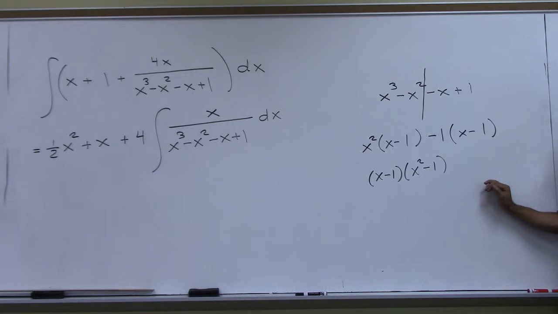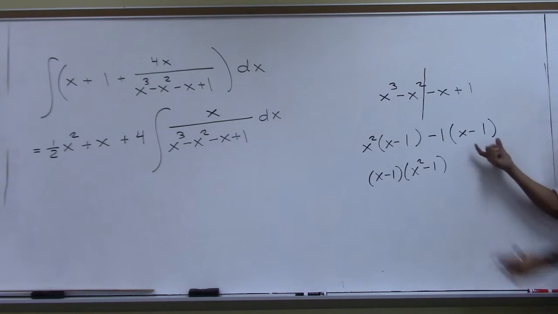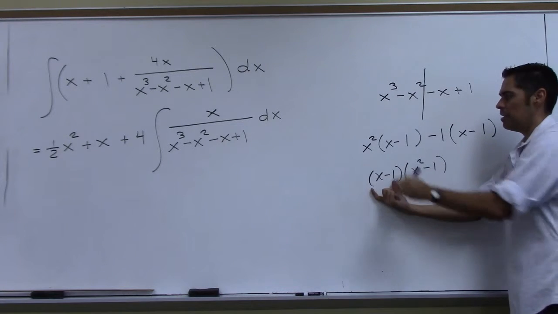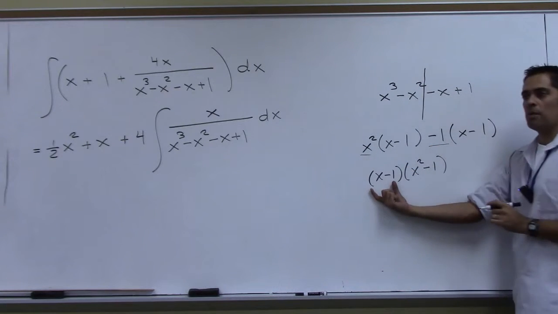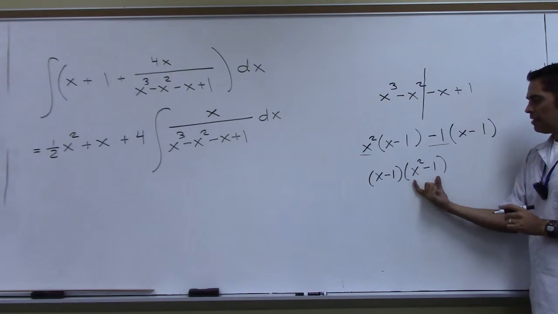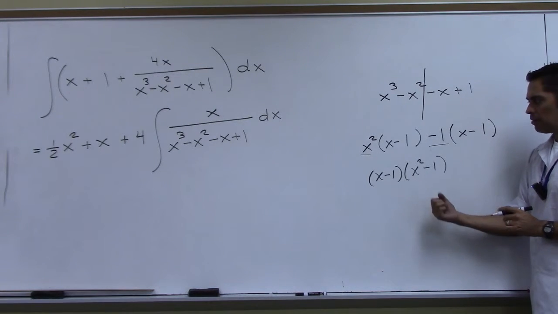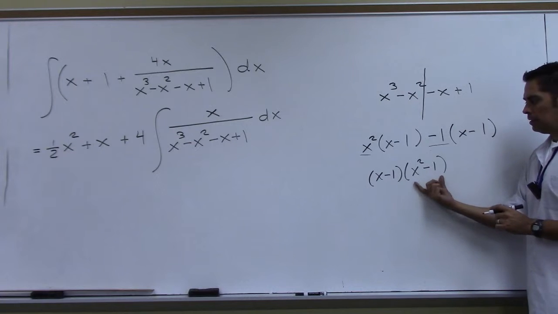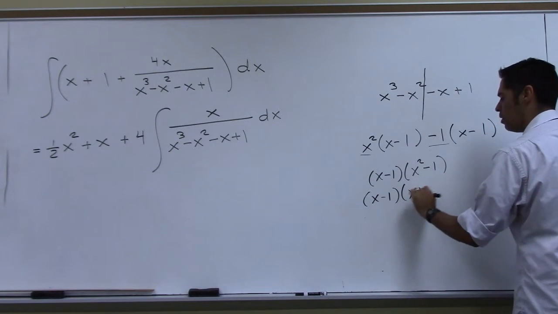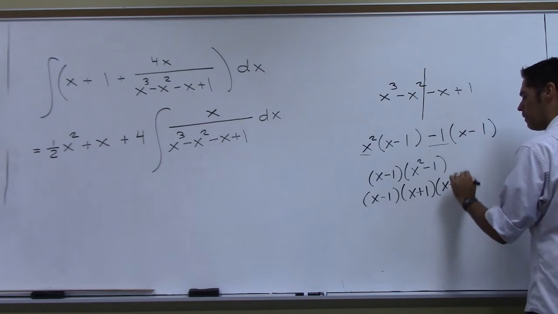They both have an x minus 1 on them, right? So we pull the x minus 1 out, and you're left with just the coefficients, the things that were in front. Can I change that at all? Anyone recognize that? x squared minus 1 is x plus 1 times x minus 1.